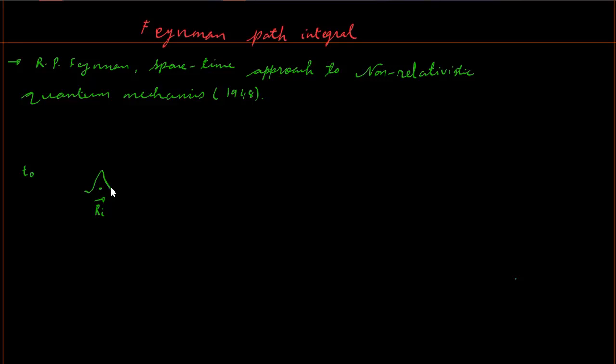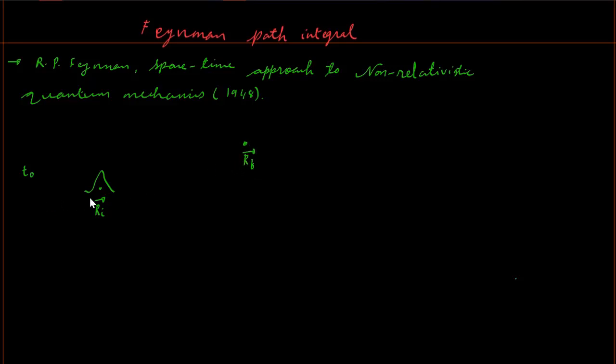Okay, then we ask what is the probability for this particle to reach some other point, that we call the final point, at time t.